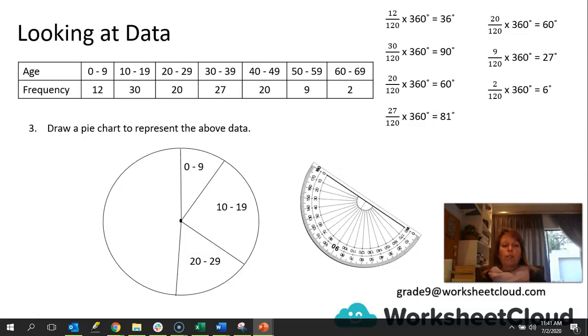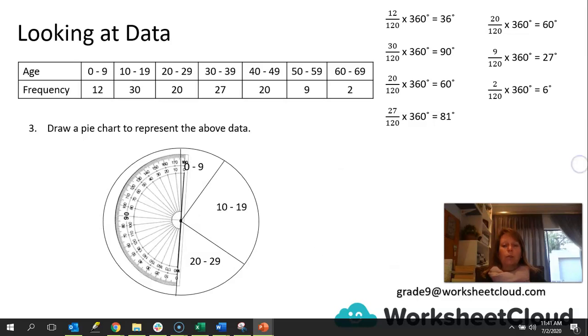Okay, and we continue to do this. The next one is 81 degrees. So it's quite big, but it's not as big as our 10 to 19-year-olds. Okay, so we're going to put the protractor back. Don't stress that this one doesn't line up, because that is not a diameter. It's not a straight line. Okay, so we then measure off 81 degrees. And can you see it is quite big?